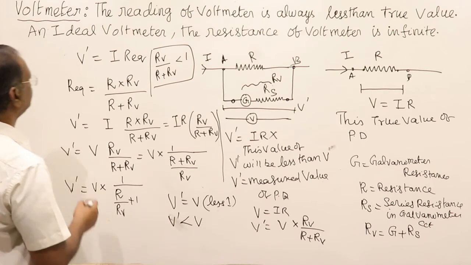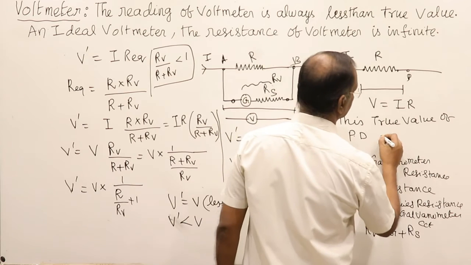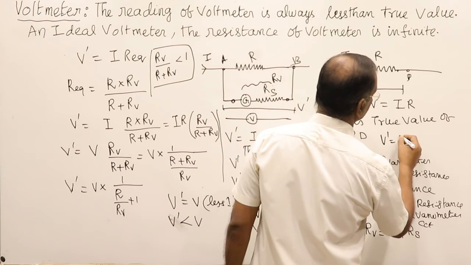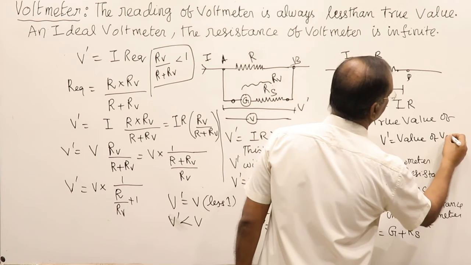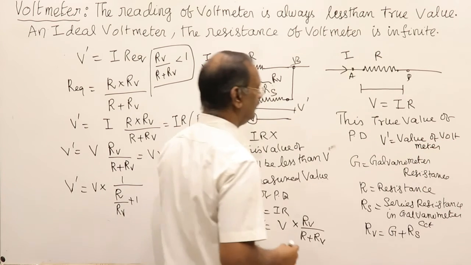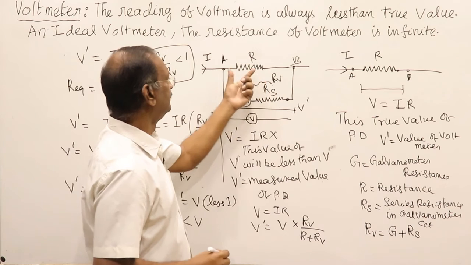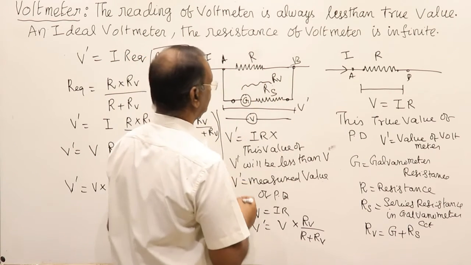What is V dash? V dash is the value of the voltmeter, the value as read by this voltmeter, that we call V dash.